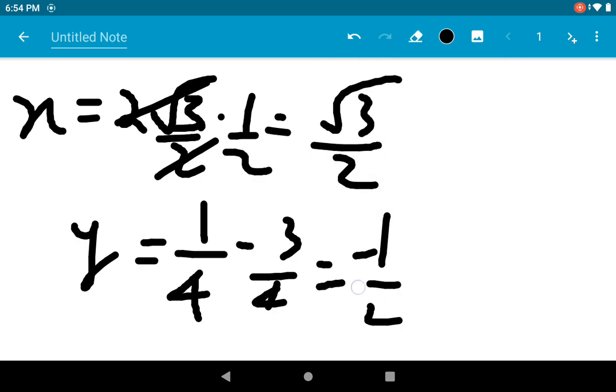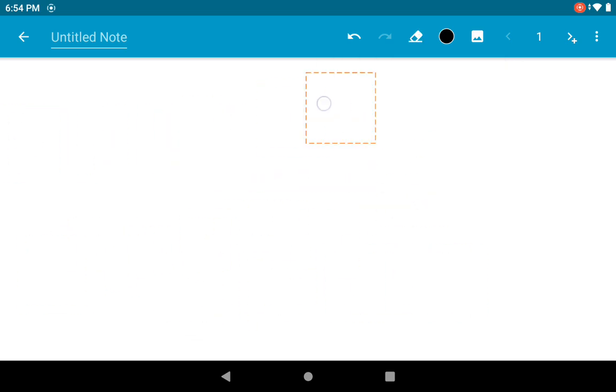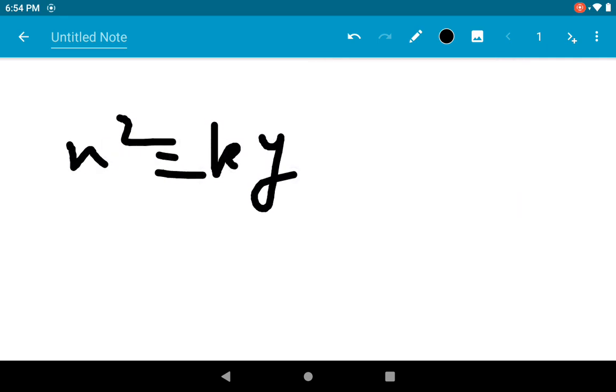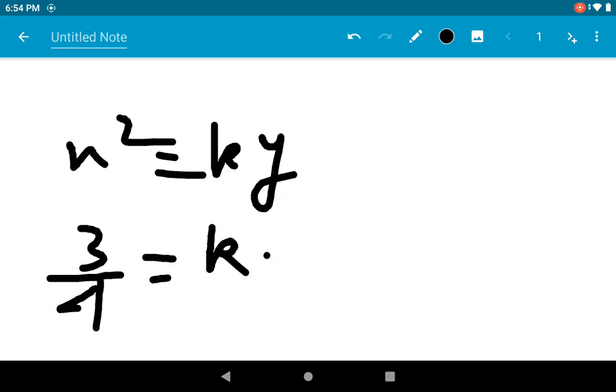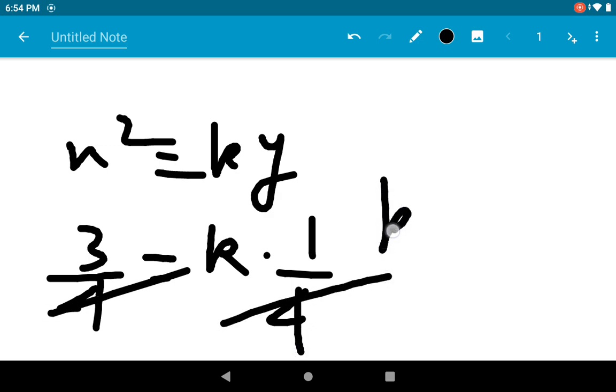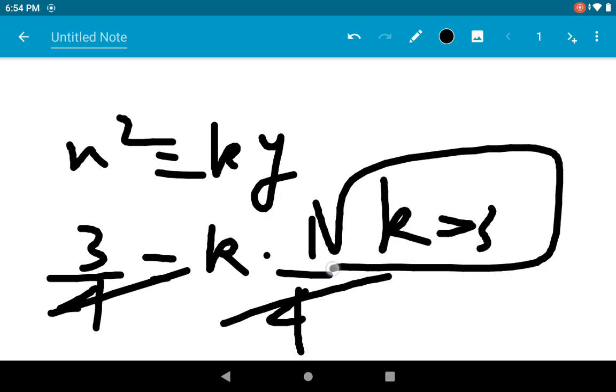They've given to us that x square equals k y square. So x square is 3 by 4 equals k times y square, which is 1 by 4 minus 1 by 2 whole square. So k is going to be equal to 3, which is going to be option C.